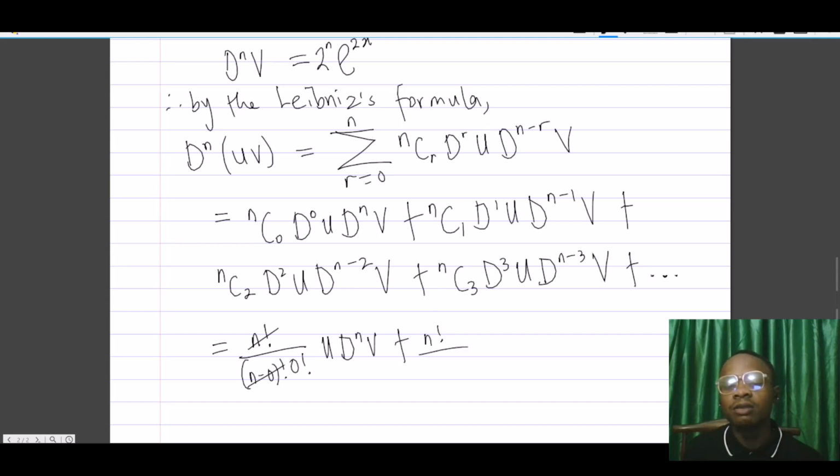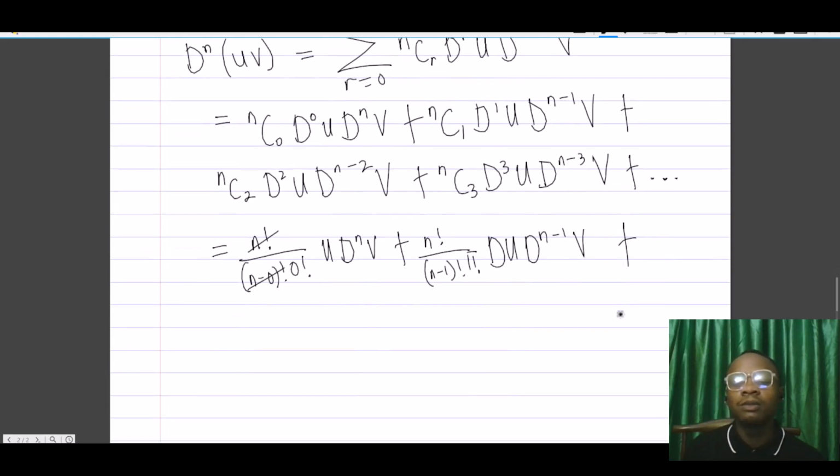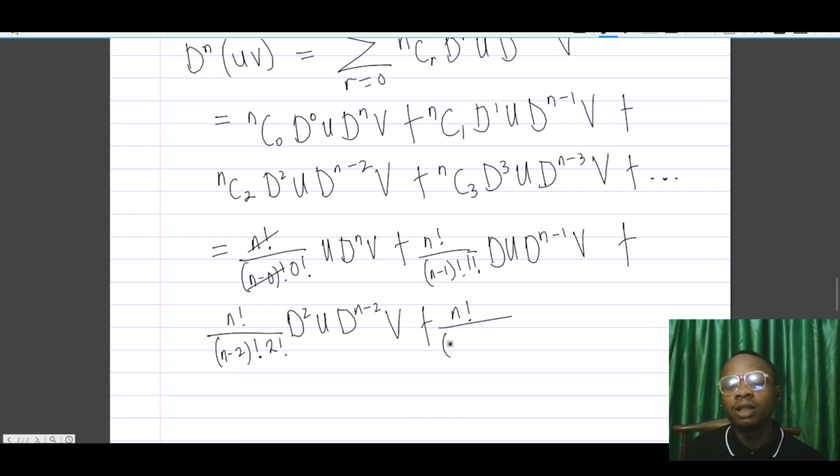That will be n factorial over n minus 1 factorial 1 factorial, and this is going to be the first derivative of u, the (n minus 1)th derivative of v, plus n factorial over n minus 2 factorial 2 factorial, then we have the second derivative of u, the (n minus 2)th derivative of v, then plus n factorial over n minus 3 factorial 3 factorial, then we have the third derivative of u, the (n minus 3)th derivative of v, and so on and so forth.